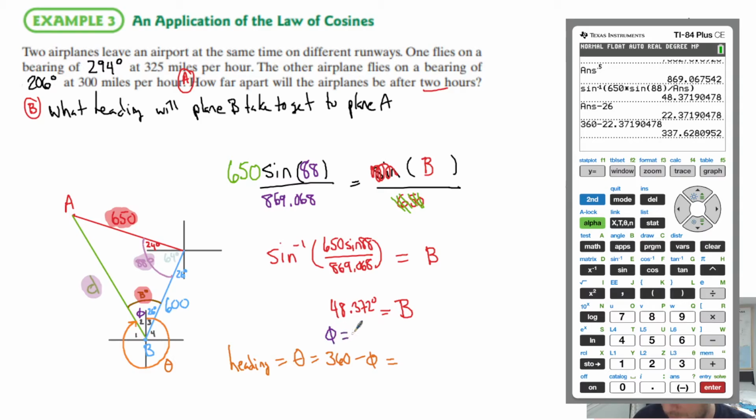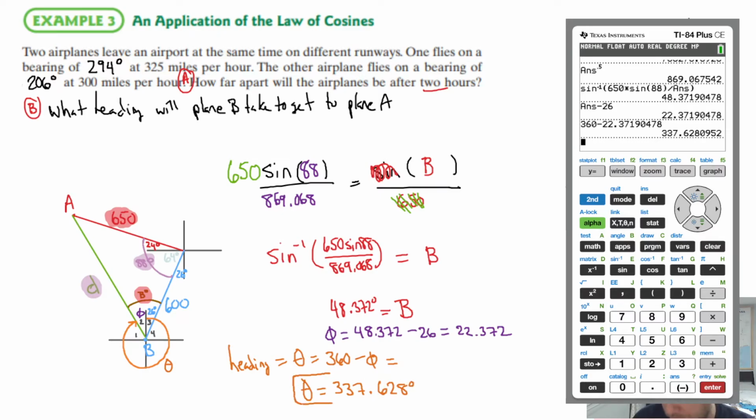All right, so phi is the 48.372 minus the 26, which gave us 22.372. And so now to get our heading, we're going to do 360 minus that and get 337.628.